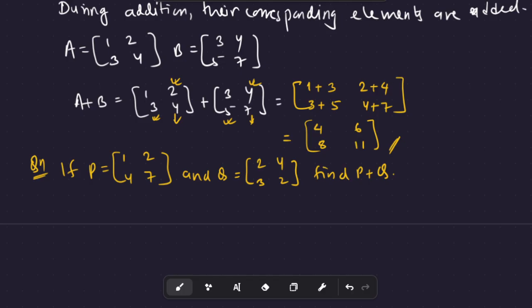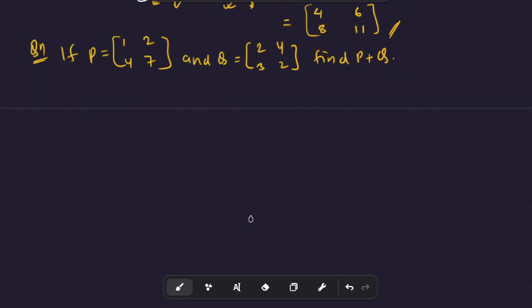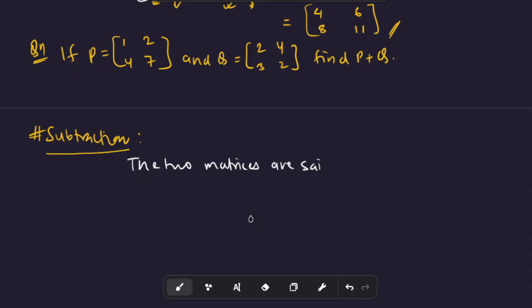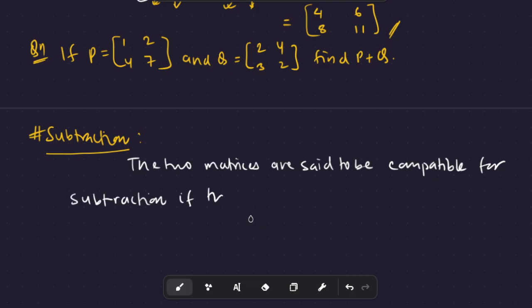Now next is subtraction. Subtraction is the same as addition, only the operation is different. Two matrices are said to be compatible for subtraction if their orders are the same, the same condition as addition.